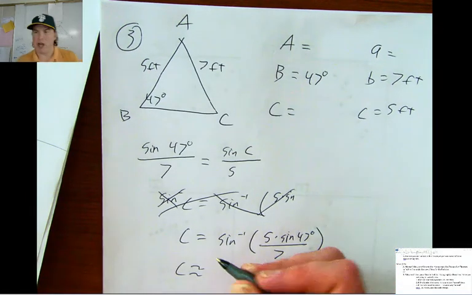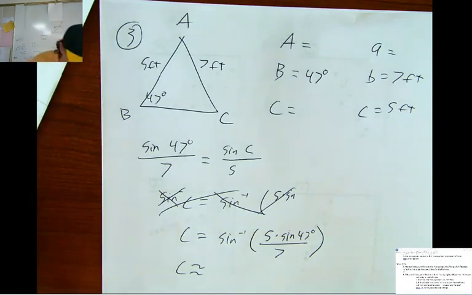And then I pick up the calculator to do my decimal approximations. Sine inverse of numerator, 5 times sine 47, close numerator, divided by 7, close denominator.